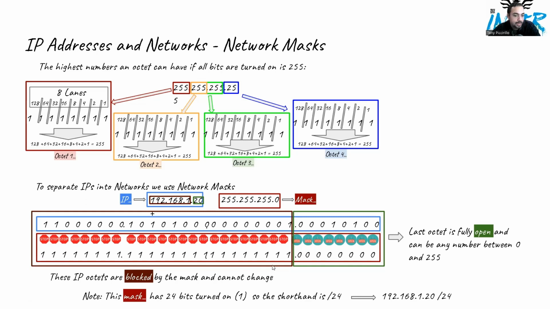So together, the IP would be 192.168.1.20/24. So this notation tells us our IP, our mask, and what portion of the IP belongs to the network, and which portion belongs to be divvied up to the host devices. So the host portion.